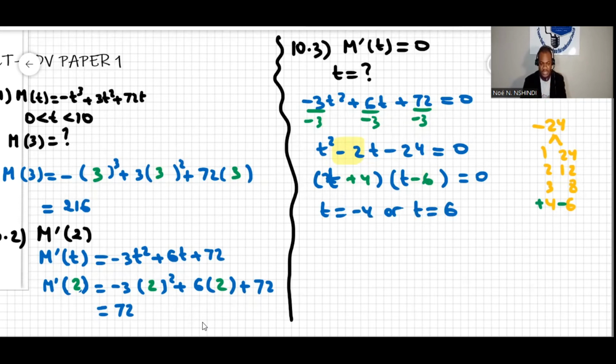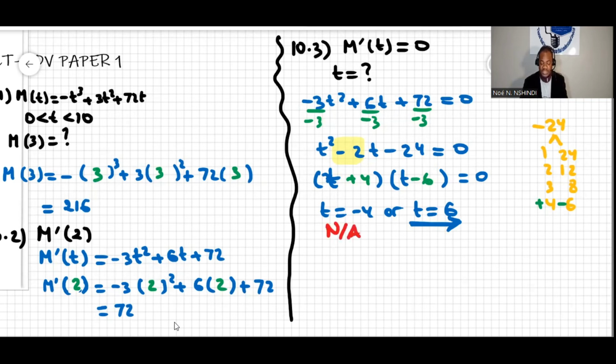All right, hold on a second. The maximum will occur when the time is equal to 6 hours, because negative 4 is not applicable.